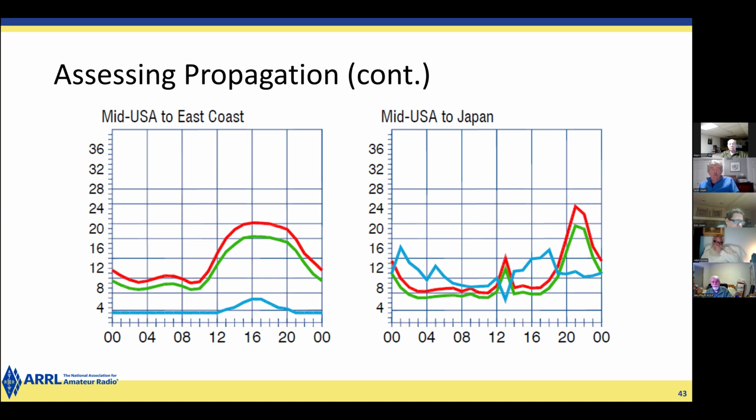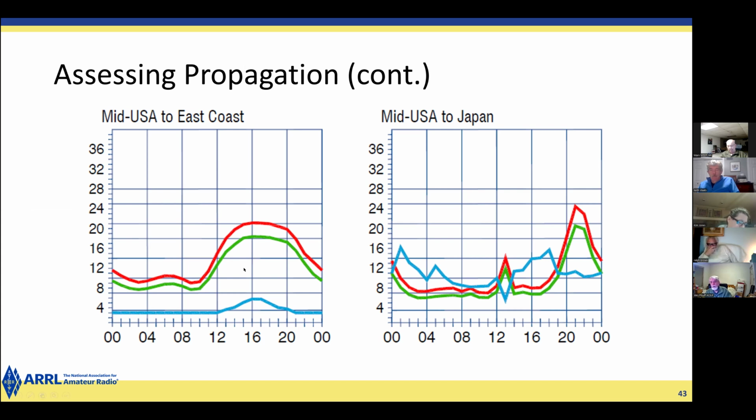You can see that first of all, 80 meters is going to be closed because it's below the blue line, but there are three bands that are probably going to be reliable between the two lines here, and one band that might work, 20 meters might work for a couple of hours in midday.